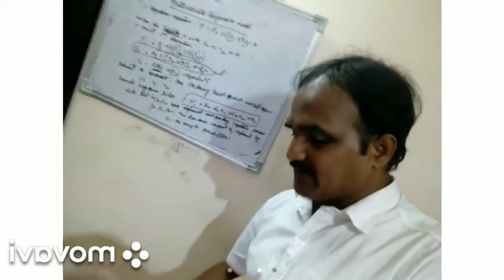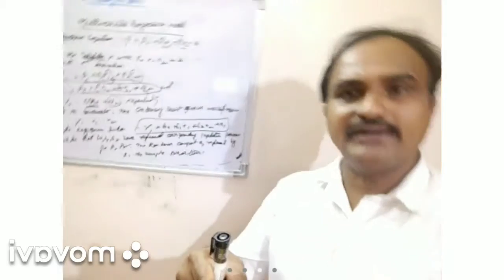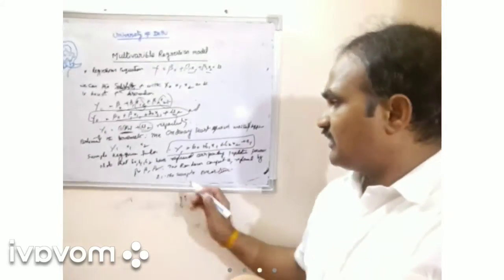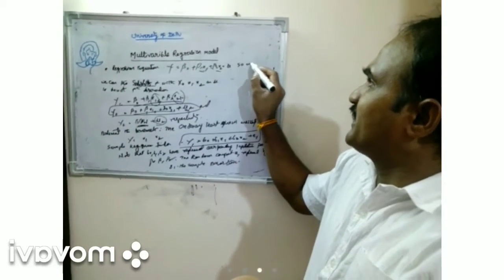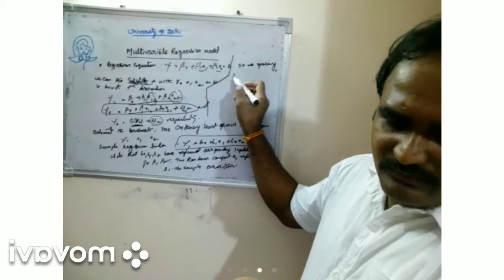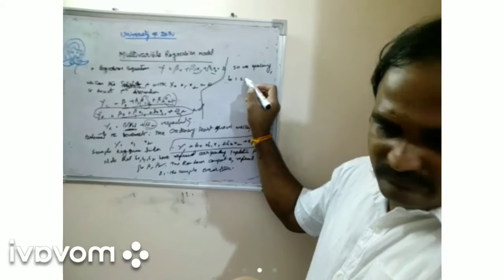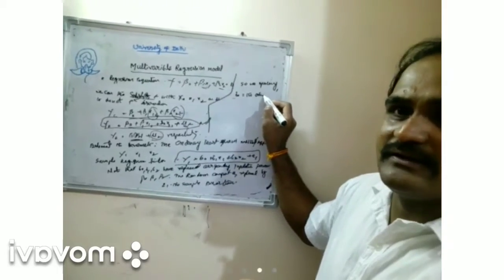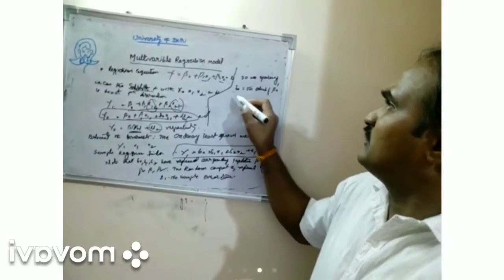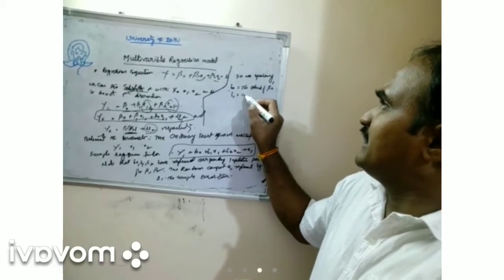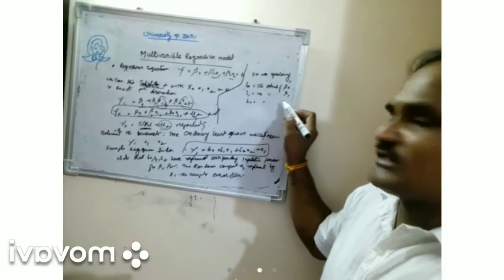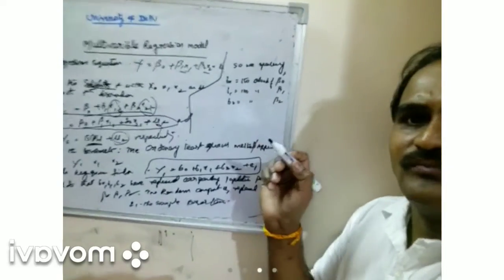Now you can understand what we have to discuss here. In the case of the ordinary least square method, we are speaking of b0 as the estimation of b0, b1 as the estimation of b1, and b2 as the estimation of b2.